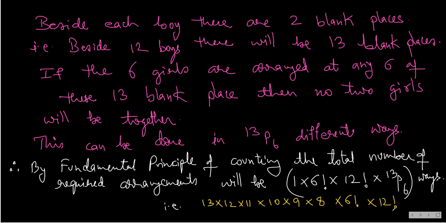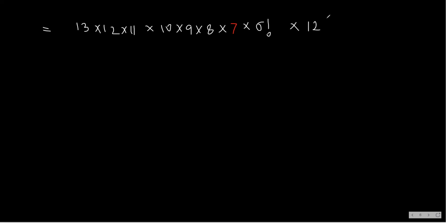I'll write the final answer in the next step on the next page. So I write here 13 into 12 into 11 into 10 into 9 into 8 into 7 into 6 factorial into 12 factorial, the whole divided by 7.